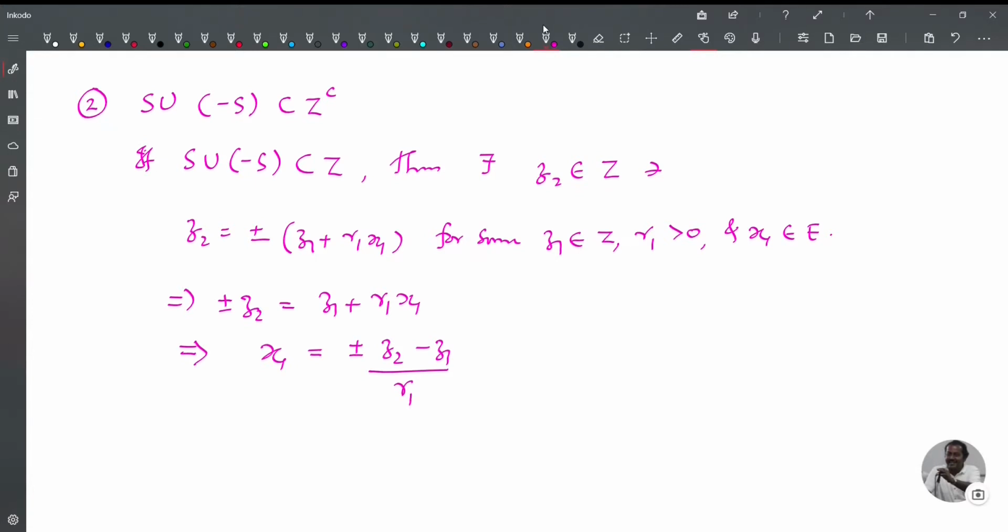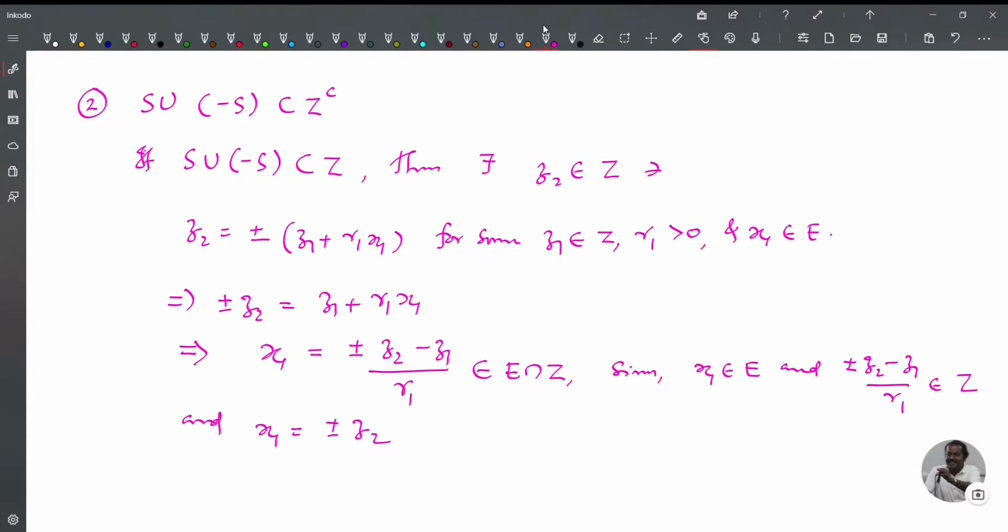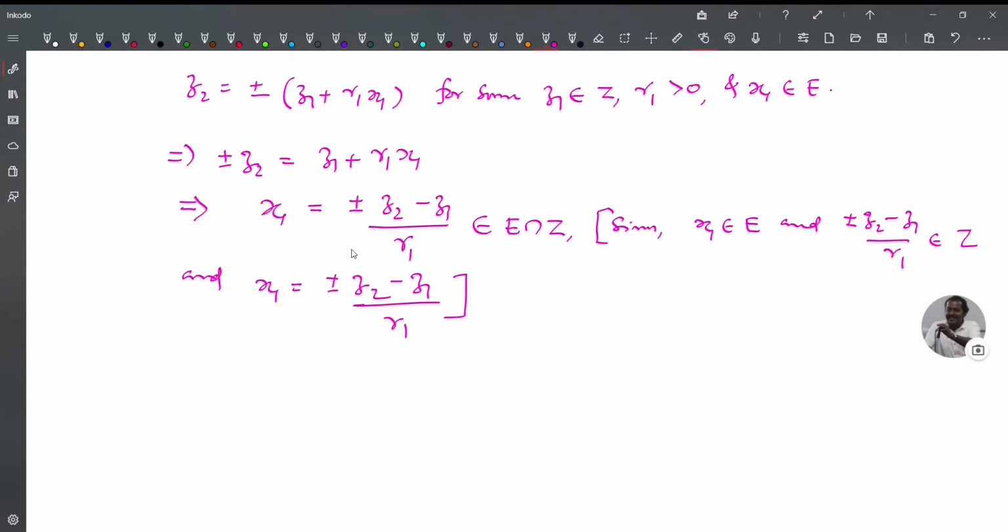This belongs to E intersection Z, since x1 belongs to E and plus or minus Z2 minus Z1 by R1 belongs to Z, since Z is a subspace, and x1 equal to plus or minus Z2 minus Z1 divided by R1, which is a contradiction, as E intersection Z is empty.